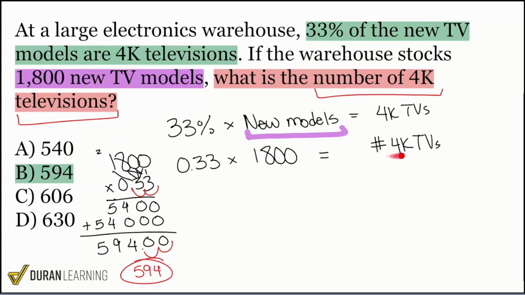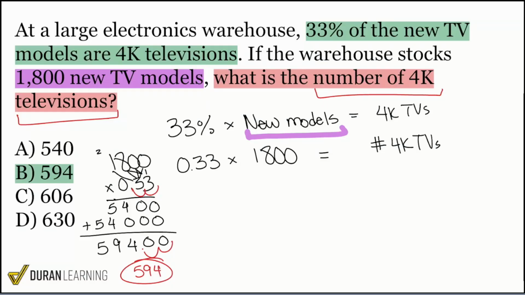So we're looking for the number of 4K TVs. This is working forward. If you're trying to find the total or the original amount, that's before you manipulate, before you categorize.